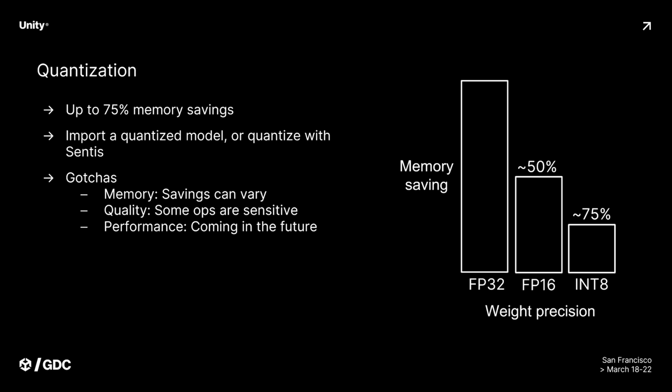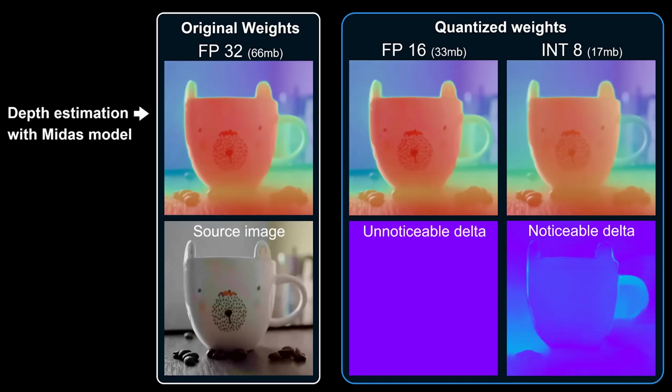Here we've really only scratched the surface, and our friends at ARM have a talk where they dive really deep into this subject, and they analyze the memory savings, the performance wins, and the quality between the different quantization modes. Here's a sneak peek of what they're going to be showing. This is an example of the Midas depth estimation model that we showed at Unite.